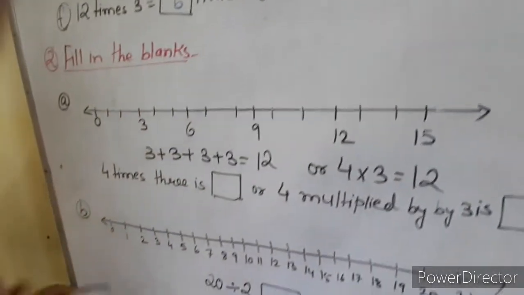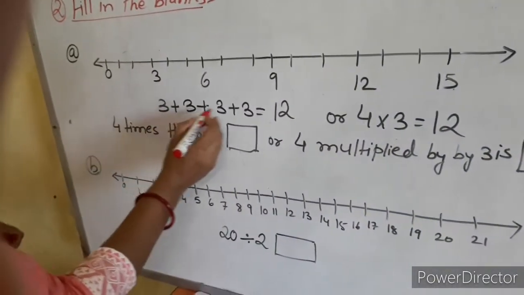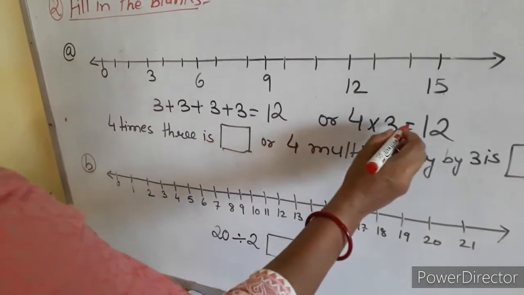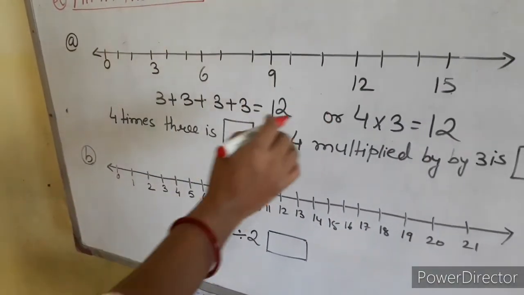Then on the number line, see, 3 plus 3 plus 3 plus 3 is 12, or 4 into 3 is 12. So this one you have to show on the number line.